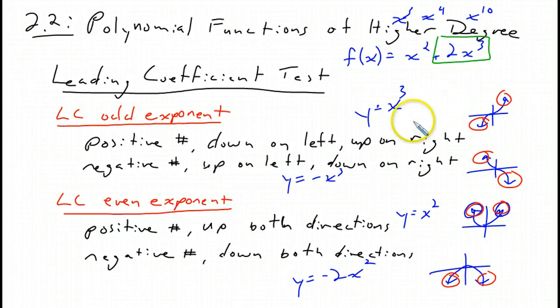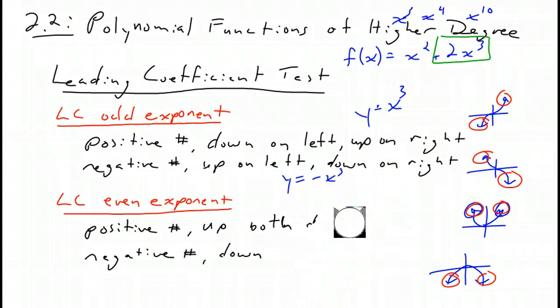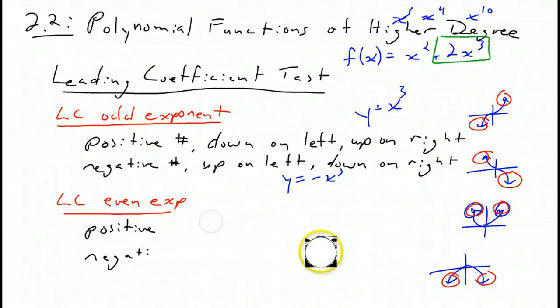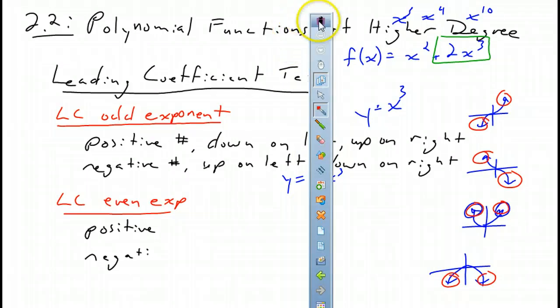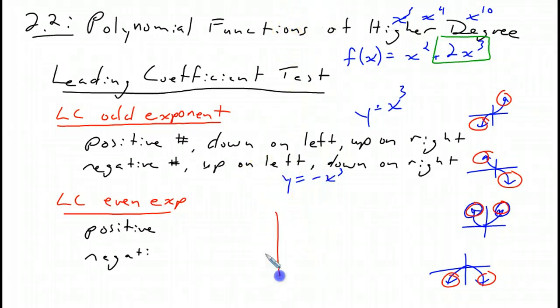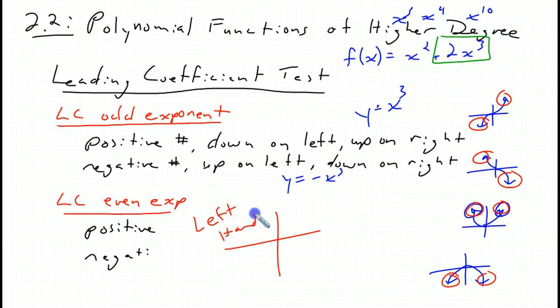Okay, there's also something called the left hand and right hand behavior. This isn't anything different than what we just talked about, except when you're looking at your graph, you have a left hand side and you have a right hand side.